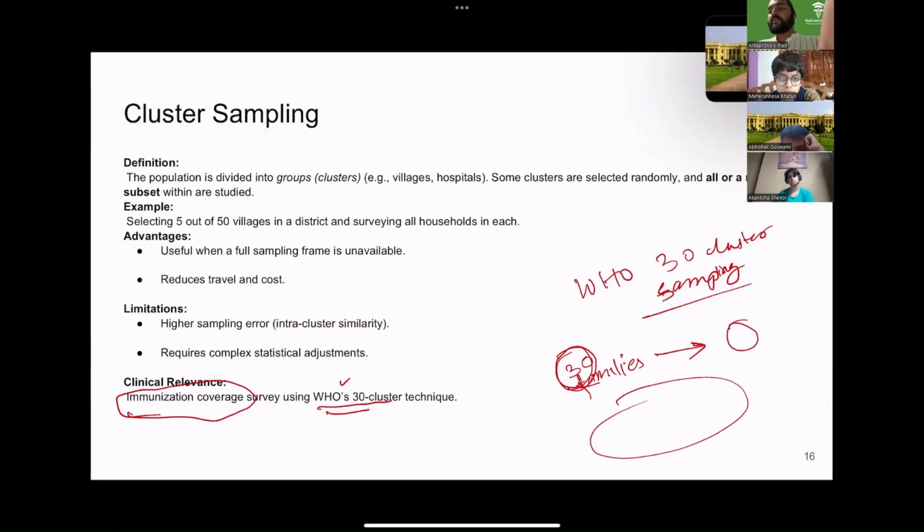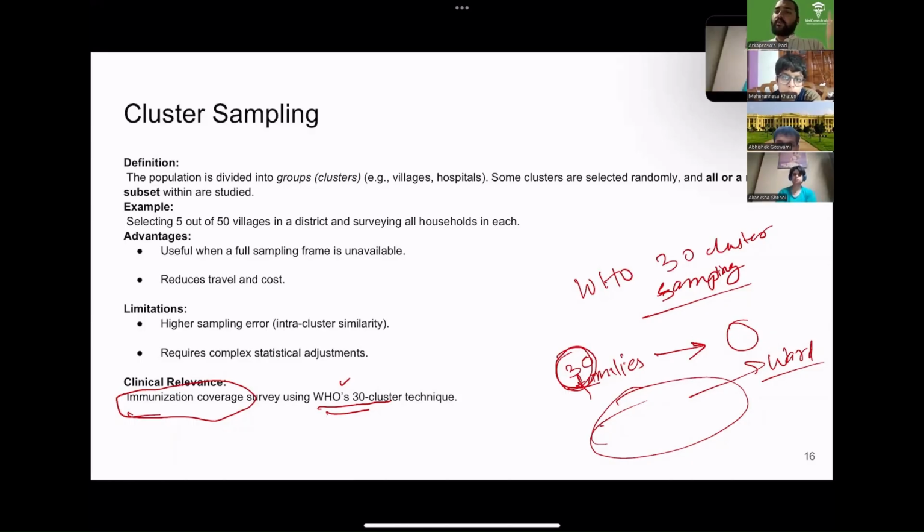So if this is the entire, let's say, a locality, a ward. You know what a ward is? A ward is a basic unit of governance, right? Yes, sir. Municipal governance. Akanksha, you are familiar with the term ward? Yes, sir. Right.